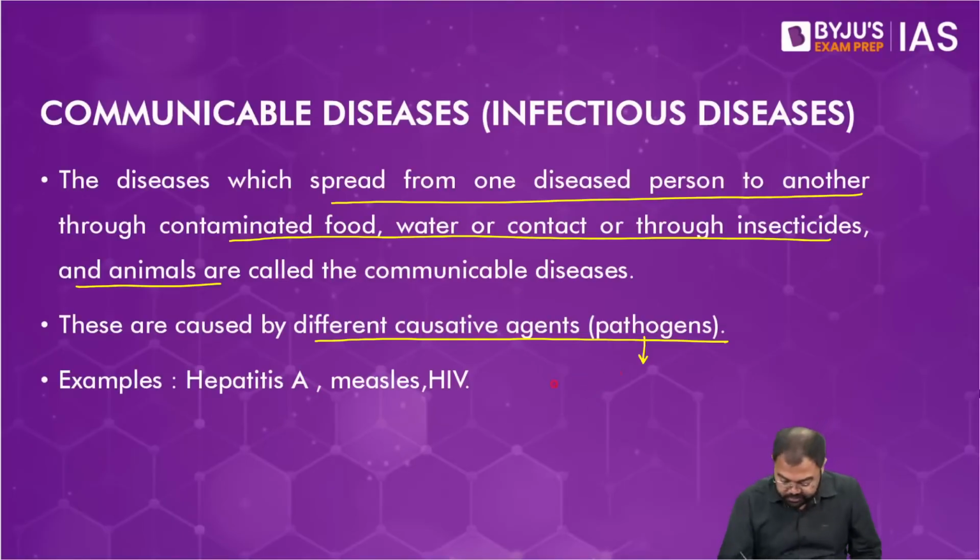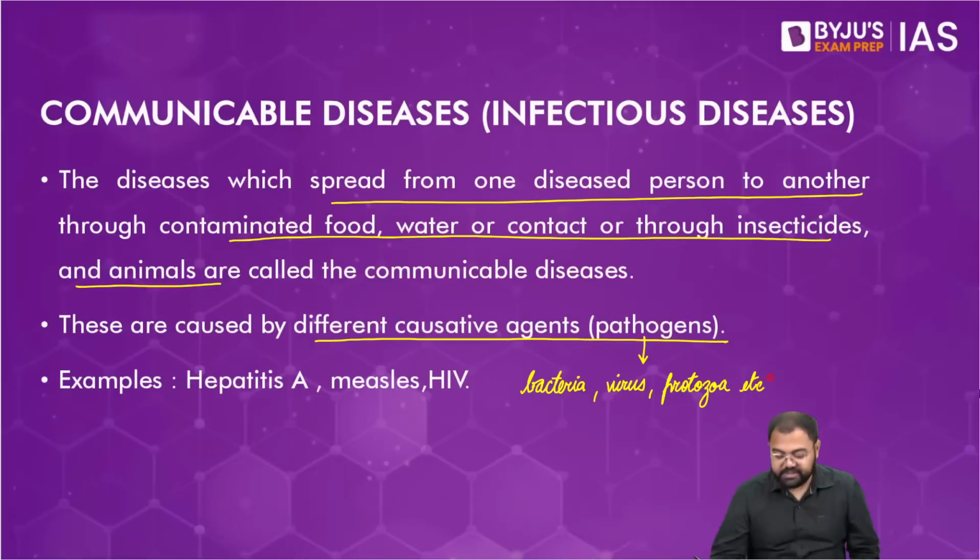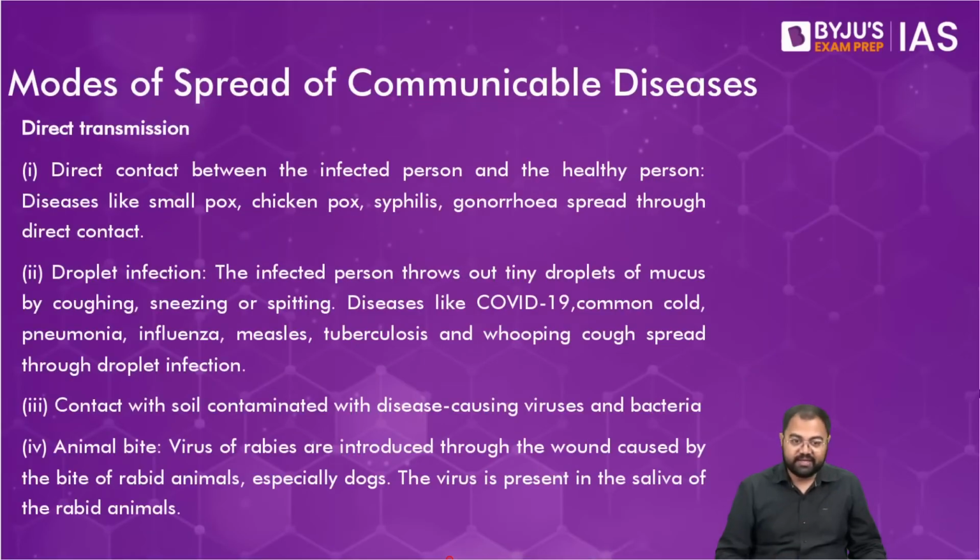These are, let's say, bacteria, virus, and protozoa. All these different types of organisms may act as a causative agent, and that will be called a pathogen. Examples being hepatitis, measles, HIV, etc. They are all examples of communicable diseases.